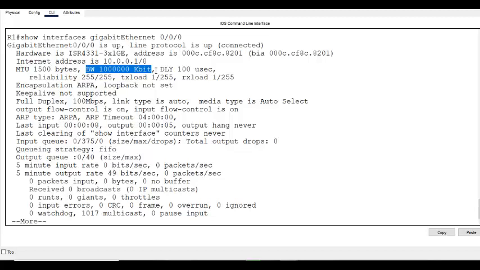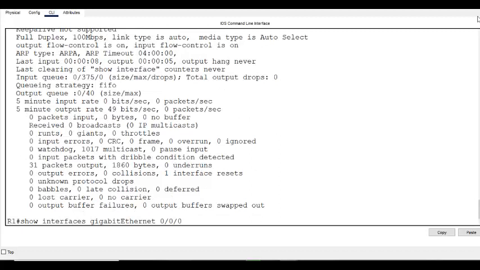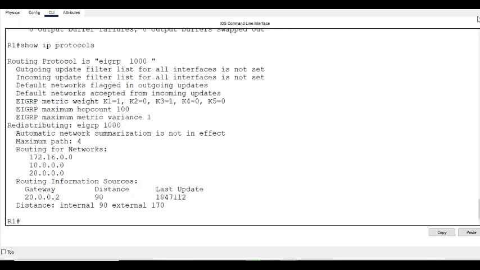It is not in effect, which means it will not do summarization. But what did I say? I said it will do summarization. Why? This is a newer version. That is why it shows not.